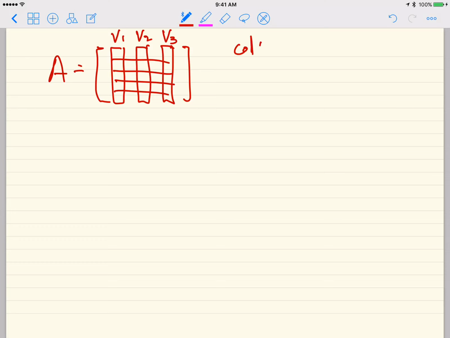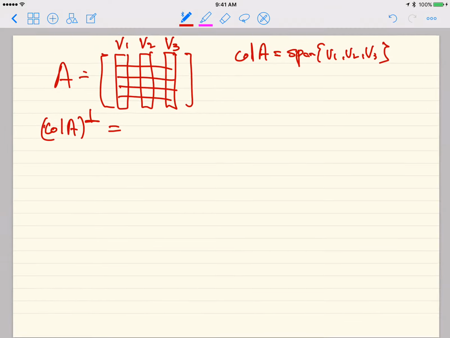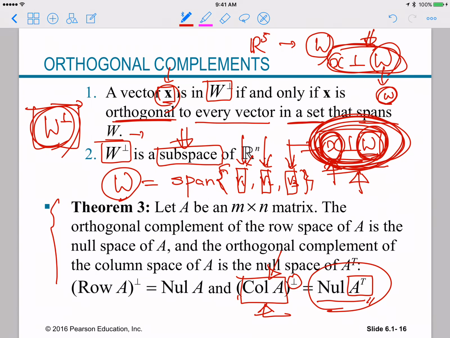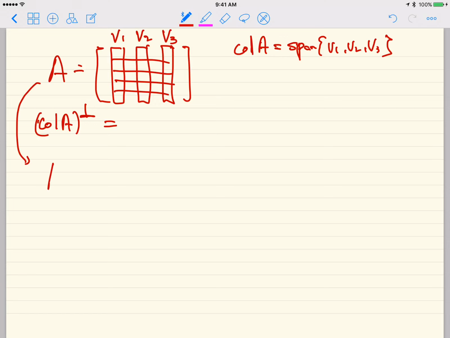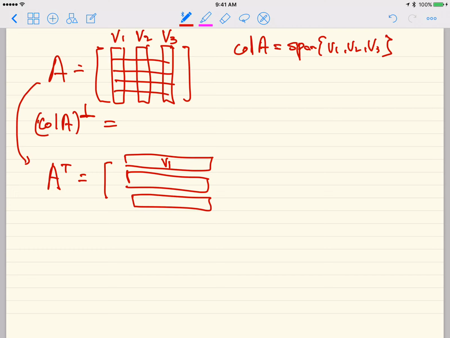Then the column space of A is this, and the orthogonal complement of the column space of A is actually equal to this: we first form A transpose, which has v1 transpose, v2 transpose, v3 transpose, and then the null space of this matrix is the same as this.